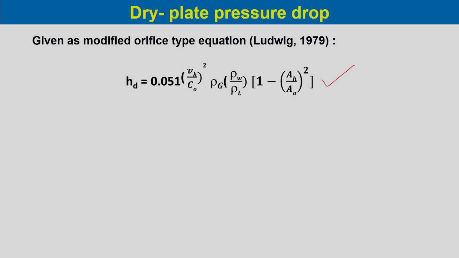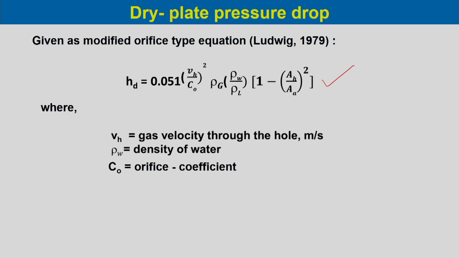So, with this we can calculate HD, where Vh is the gas velocity through the holes in meter per second, rho w is the density of water, C0 is the orifice coefficient, and AH is the hole area and AA is the active tray area. The rho g, rho w and rho L are conventionally used.